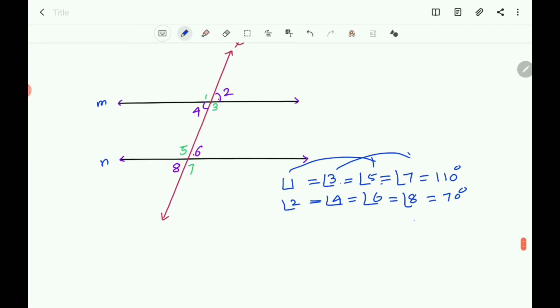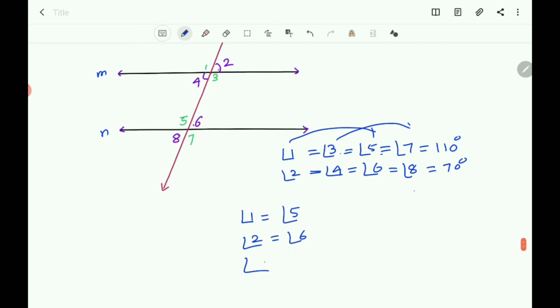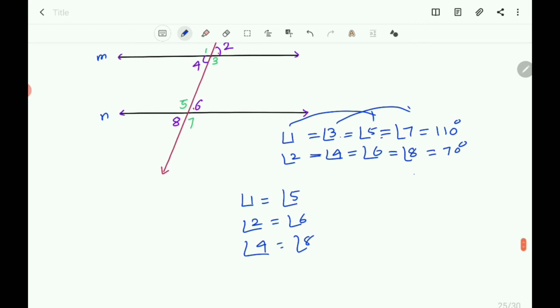So what can you conclude here? Corresponding angles: angle 1 is equal to angle 5, angle 2 is equal to angle 6, angle 4 is equal to angle 8 and angle 3 is equal to angle 7.